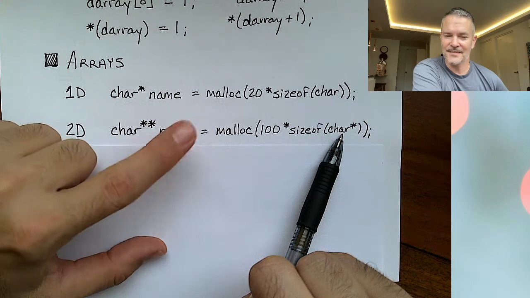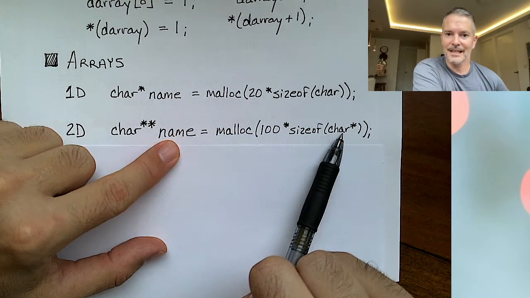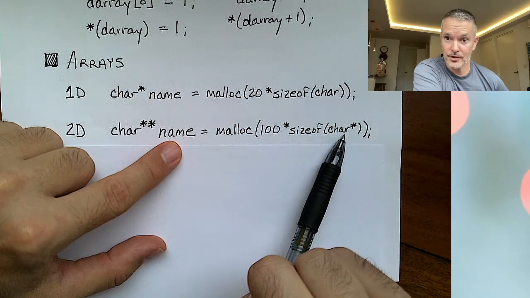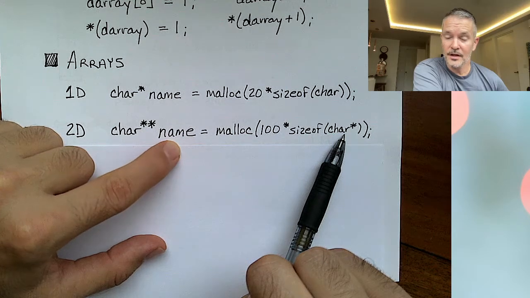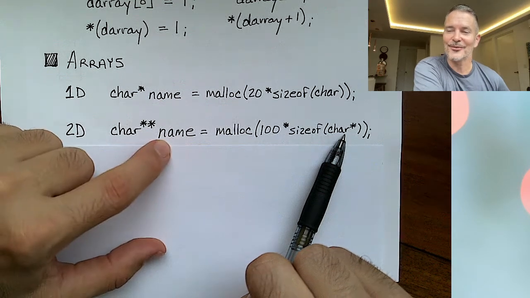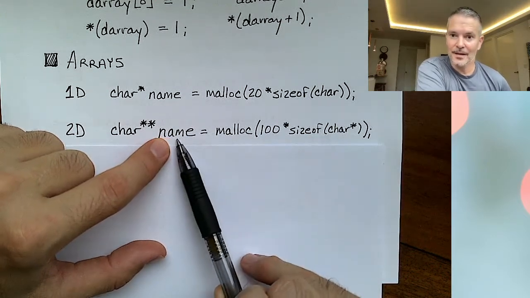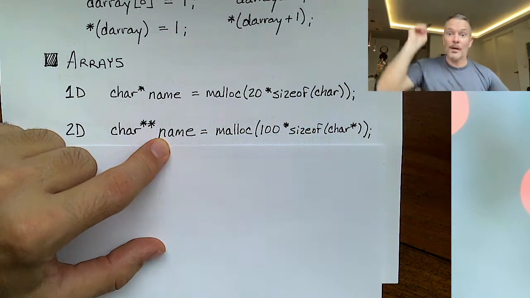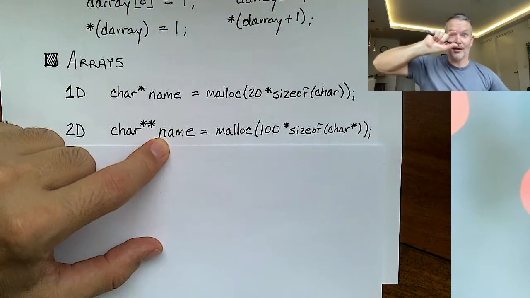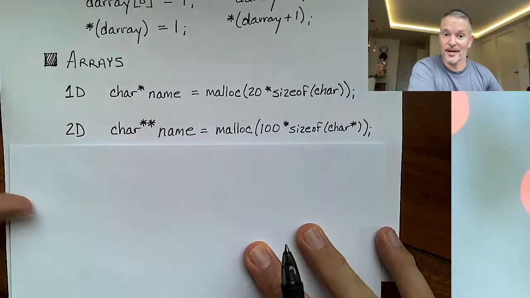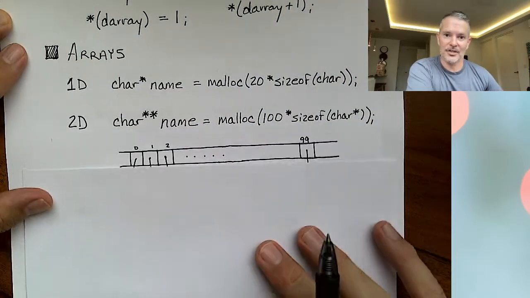So what I'm saying is this variable is an array of 100 char star pointers. So the name variable is a pointer to an array, which is an array of 100 pointers. This is how we declare a two-dimensional array using dynamic allocation.